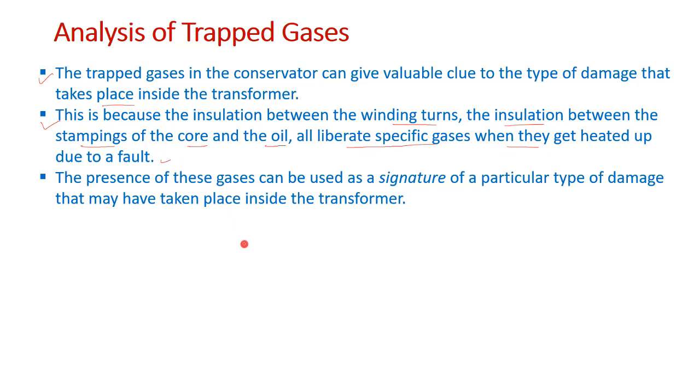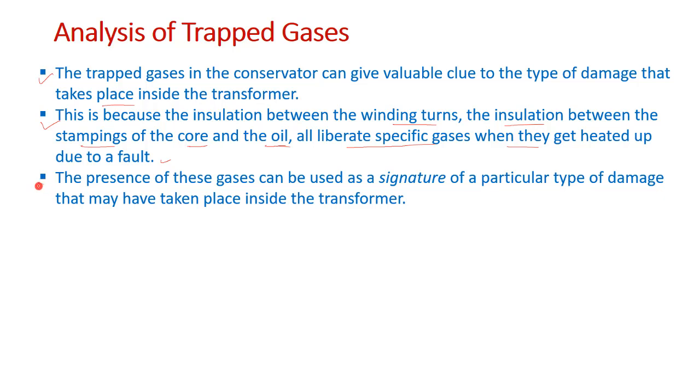So different kinds of fault, like a winding turns fault, an insulation breakage in the core, or insulation breakage in the oil, all liberate different kinds of specific gases, right.